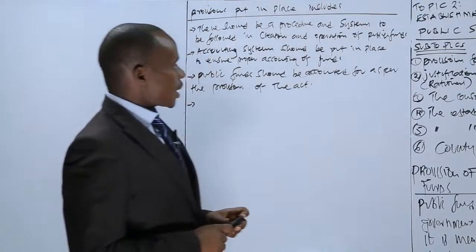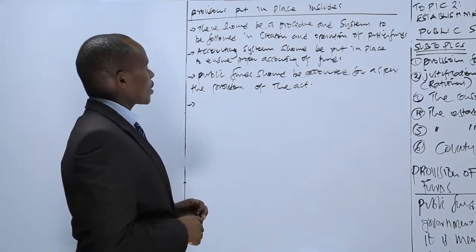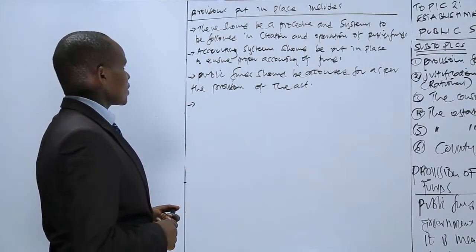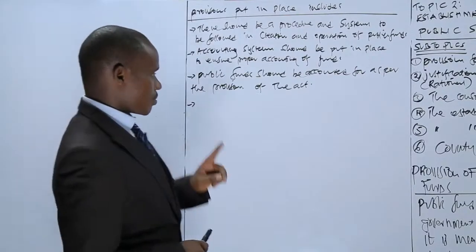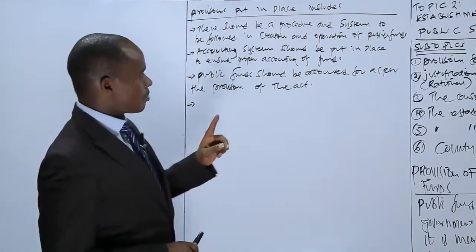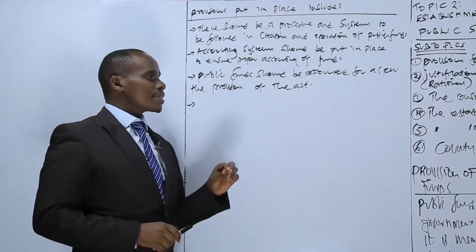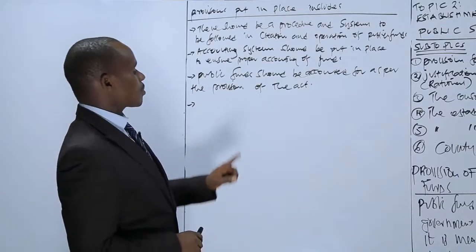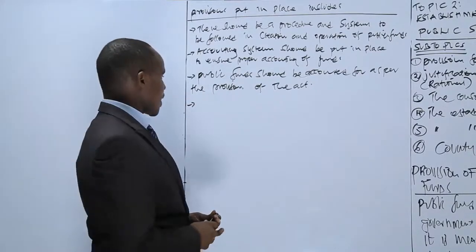The other provision that we are supposed to have is, if we have to establish a public fund, then we must get an approval from the members of the National Assembly.